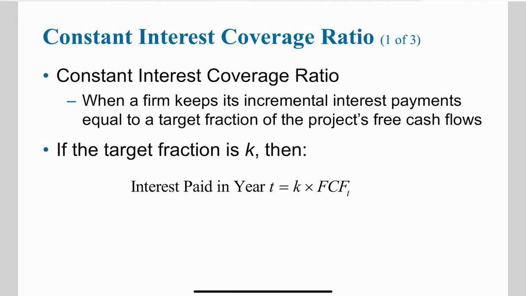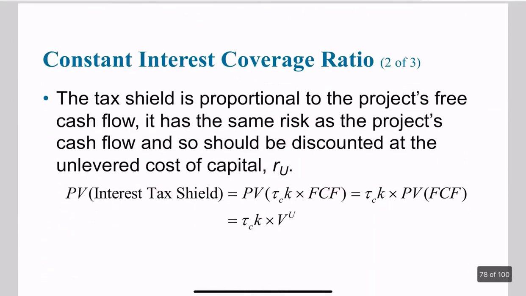In terms of mathematical formula, it basically says that the interest paid in year T divided by the free cash flow in year T equals a constant number, K. For example, if the interest paid in year T is 100, and the free cash flow is 1,000, then you would see that the target ratio here is 10%. Right? Okay, it's pretty easy to understand.